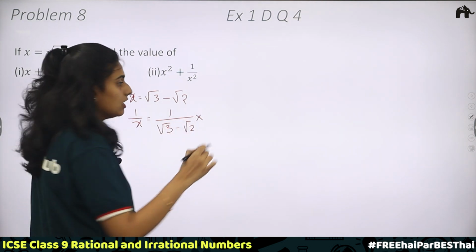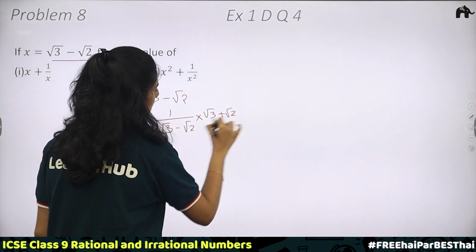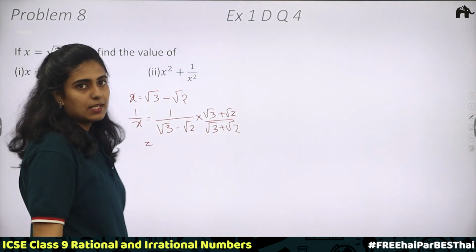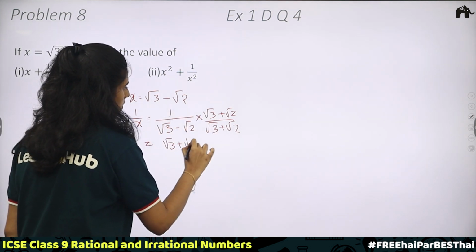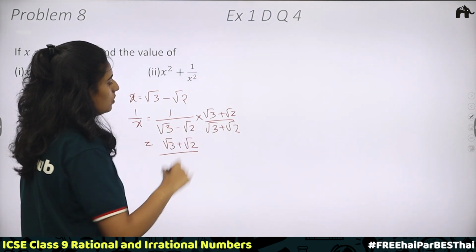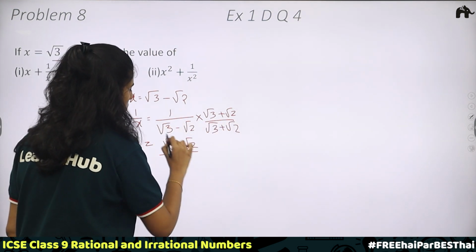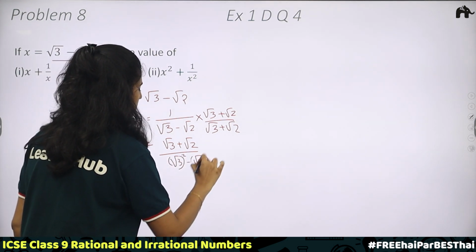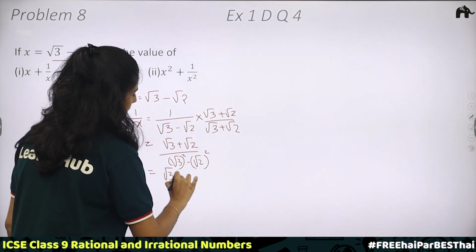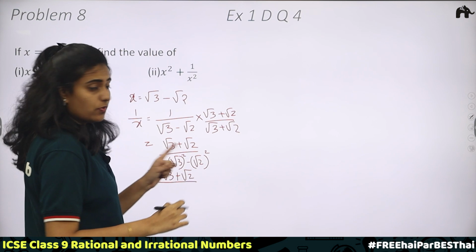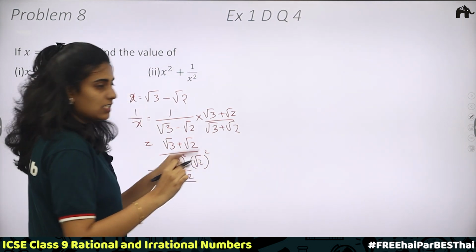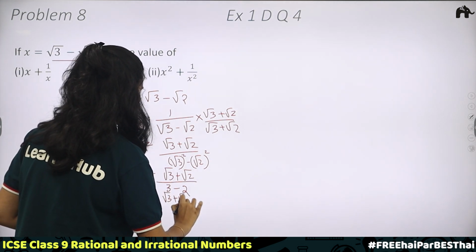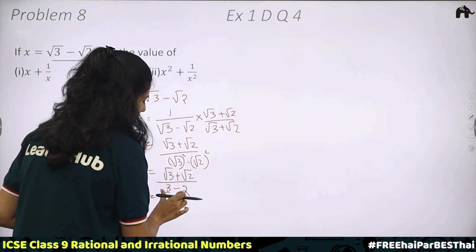We get the rationalizing factor to be equal to root 3 plus root 2, dividing and multiplying. 1 into root 3 plus root 2, that is root 3 plus root 2 divided by root 3 minus root 2 into root 3 plus root 2, that is equal to a square minus b square, which is root 3 square minus root 2 square, equal to root 3 plus root 2 divided by root 3 square is 3 minus root 2 square is 2, and that is equal to root 3 plus root 2 divided by 1, which is root 3 plus root 2.